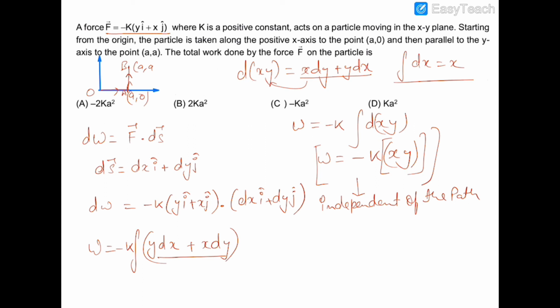So we can say that this force is conservative in nature, and therefore the work done will be equal to minus k, applying the limits from origin to that point, so 0, 0 to a, a. So it would be minus k a square, and therefore the correct option will be option number C. Now we move on to the next question.